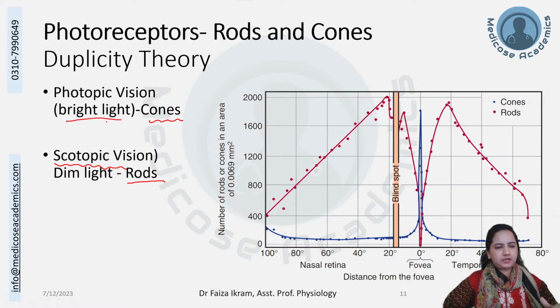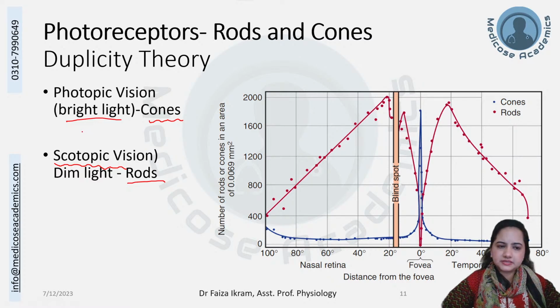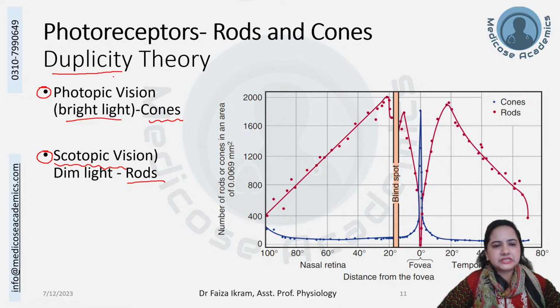They have high visual acuity. They help us discern the details of the subject and the color composition of the objects. So they are mostly related to photopic vision. The presence of both rods and cones in the retina, associated with scotopic and photopic vision, is known as the duplicity theory.